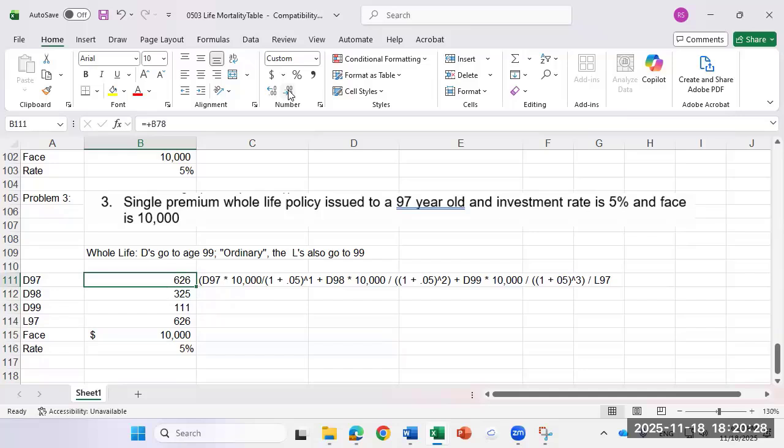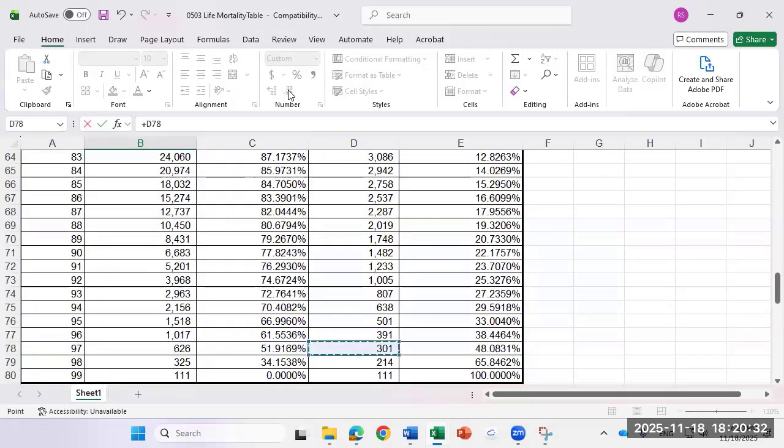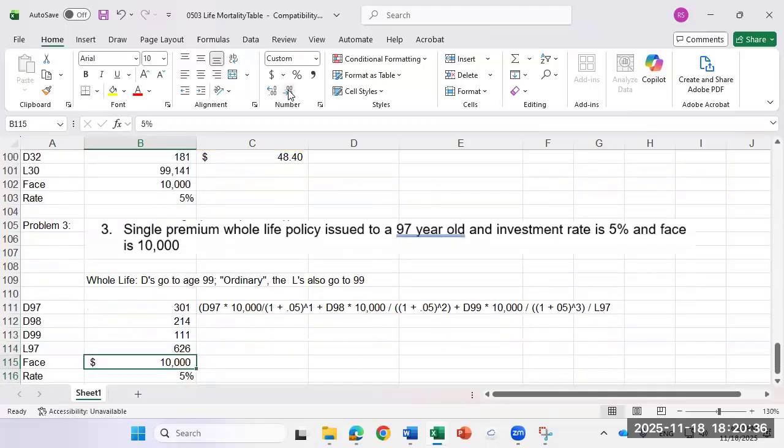Sorry, that's not V97. Excuse me. That is L97. Sorry, that's 301. Got my D's wrong. So how many of these 626 people are going to die? 626 of them. So why do you think, without even doing the math, if you're going to pay a premium today, and every single person is going to get $10,000 in the next 3 years, what do you think that premium's going to be?